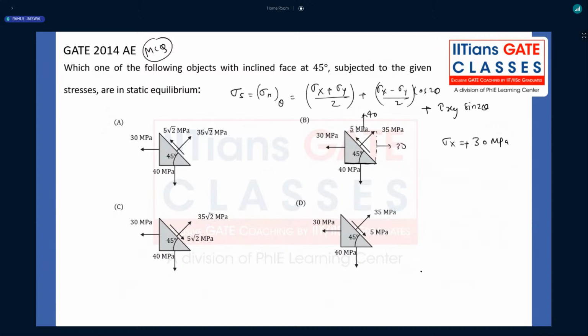Here it should be positive or negative according to our standard sign conventions. Tell me guys.